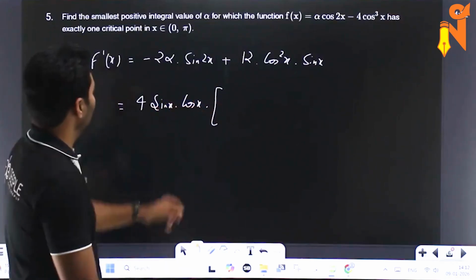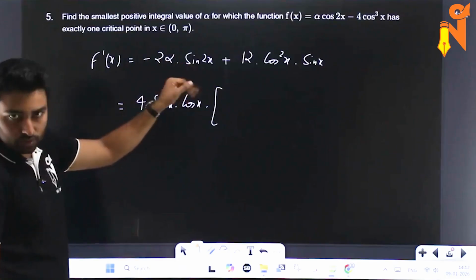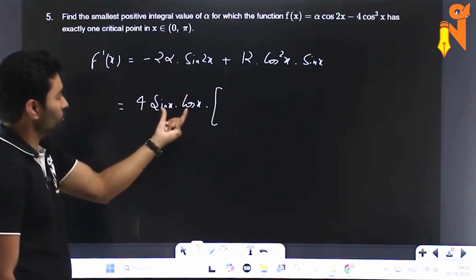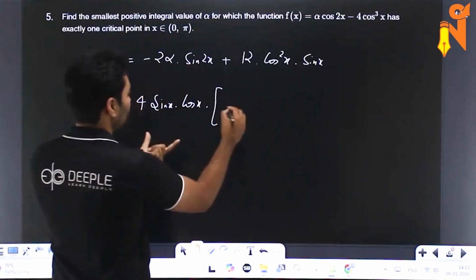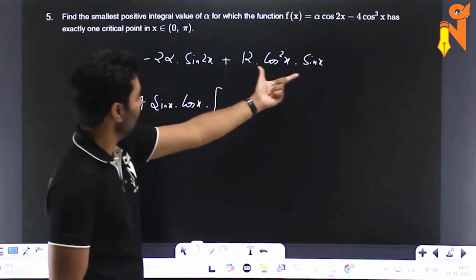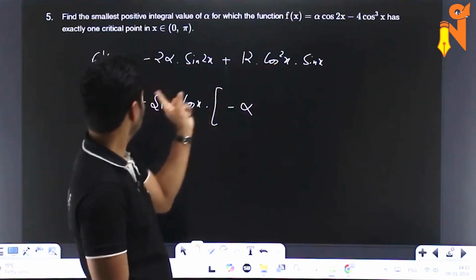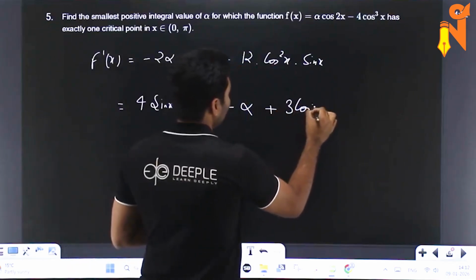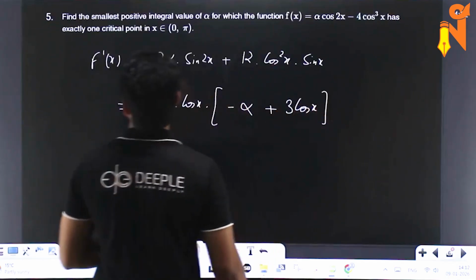Inside, 2 sin x cos x, so I took common 4 sin x cos x. What is remaining here? Only minus alpha, and 3 cos x.